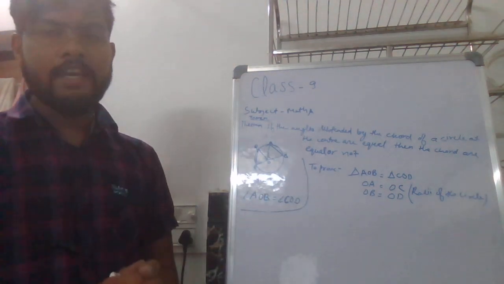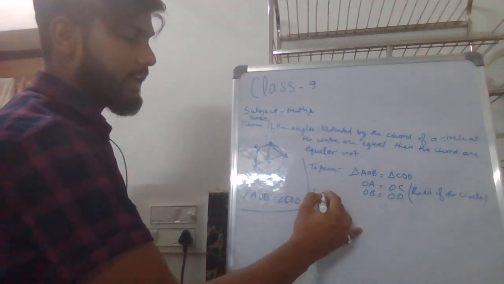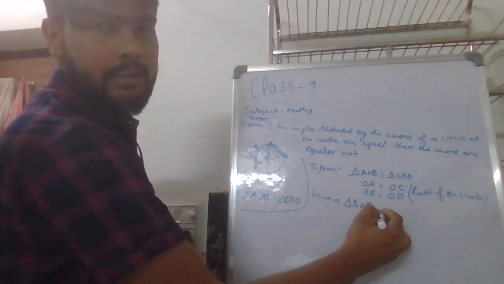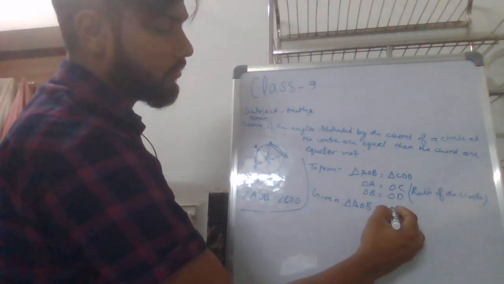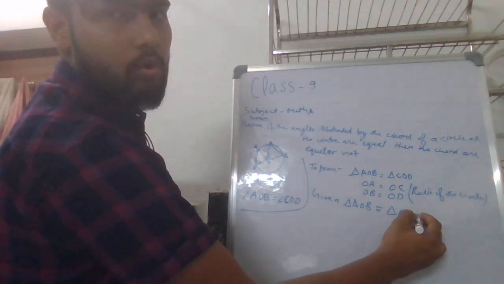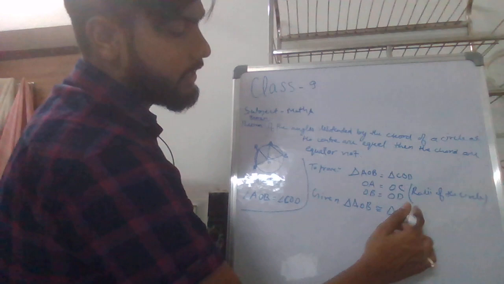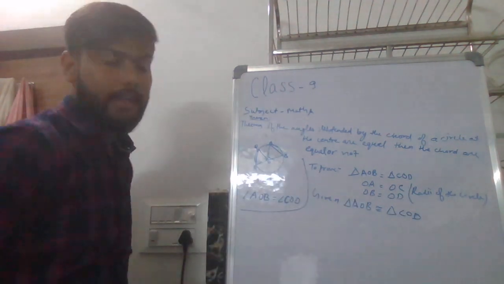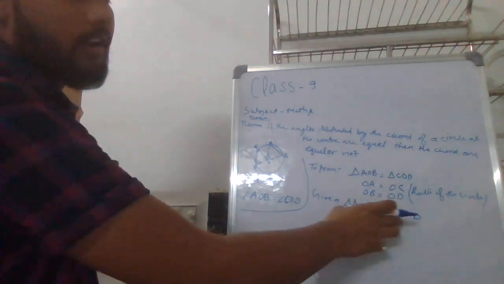Okay, so here we can see the given, triangle AOB is equal to triangle COD. Triangle AOB and triangle COD.